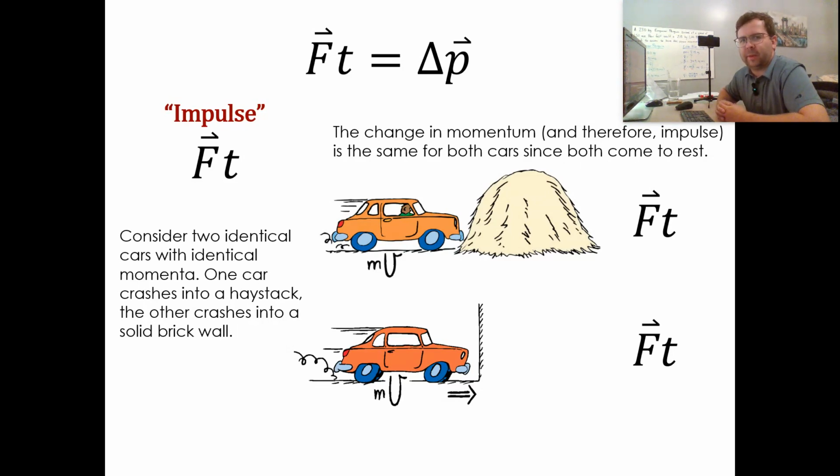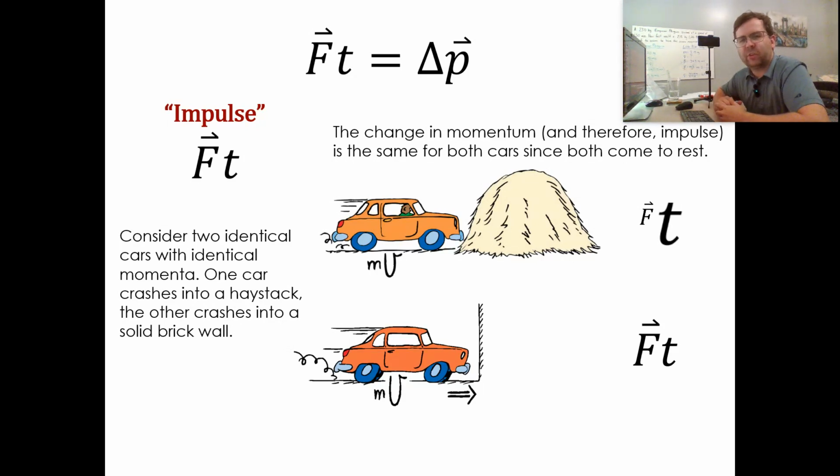What's different is the amount of time they stop in. If you crash into a haystack, the amount of time that it takes for you to slow down is dragged out a little bit. It's a kind of gradual stop. And because of that, it exerts a smaller amount of force on you. Greater time, but the same change in momentum, same impulse, means less force.